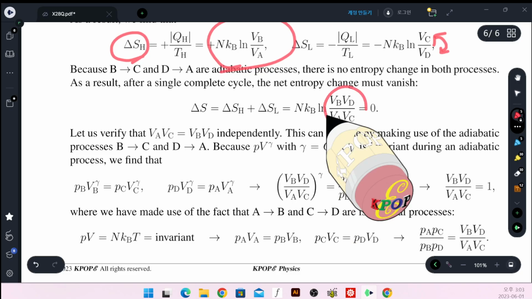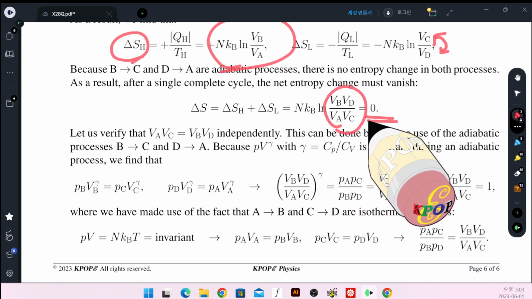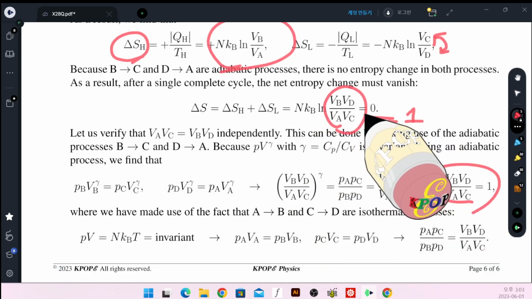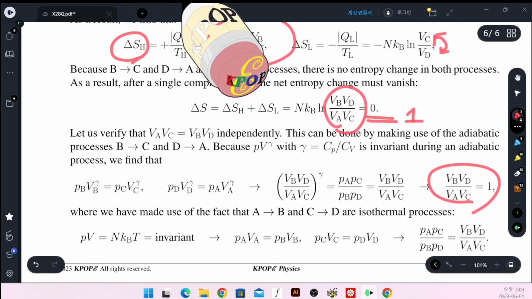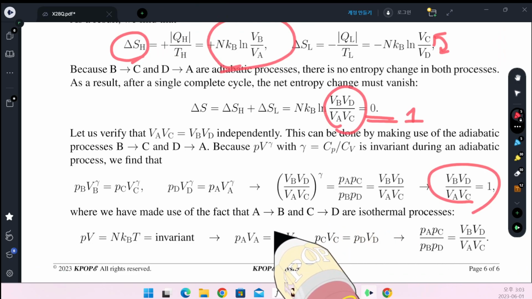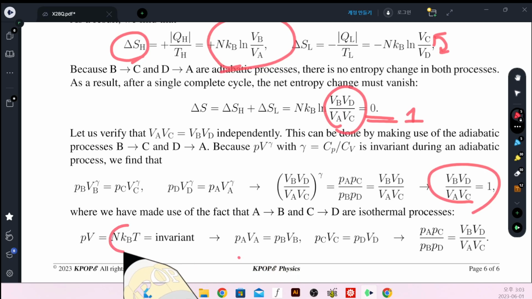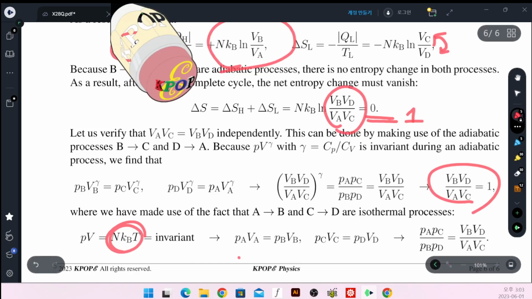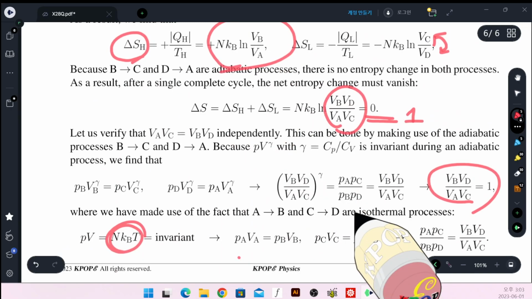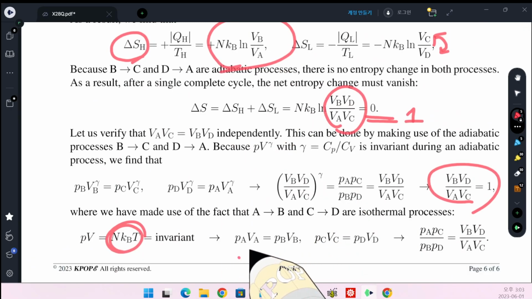This requirement will give that this is unity, right? Only if it is unity does this logarithm become zero. So A, B, C, D have a relation. Because PV equals N kB T, from A to B it is a constant temperature at TH, so PV is constant.